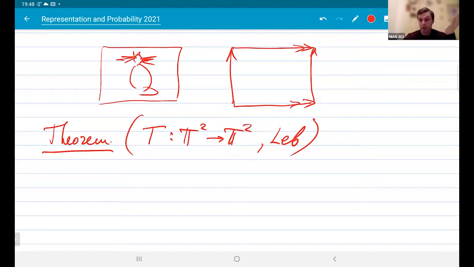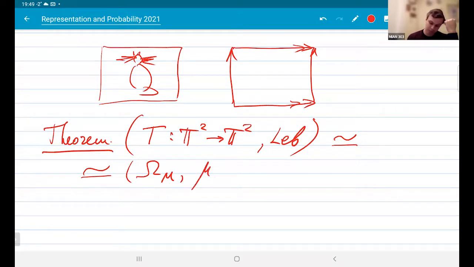Okay, so we have this system, and this system is equivalent, is in fact isomorphic as a system of measured spaces to some map that we have just discussed.